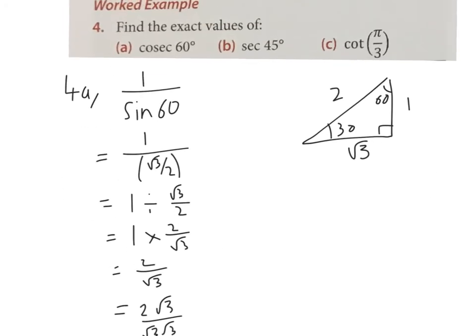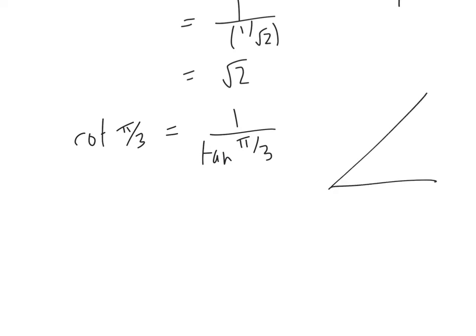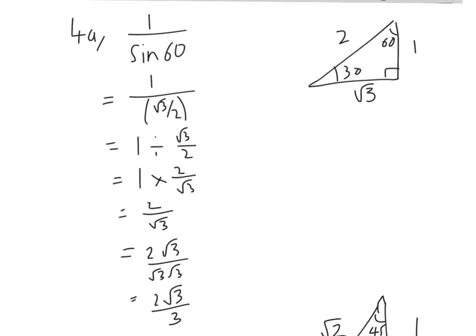And the last one is cot pi over 3. The cot is 1 over tan, so we're doing 1 over tan pi over 3. If you draw your triangle in, pi over 3 is your 60 degrees. So it's the same as the one up above there, 60.